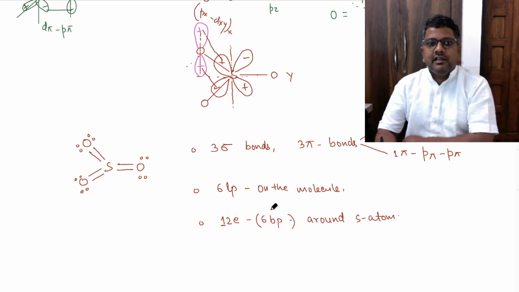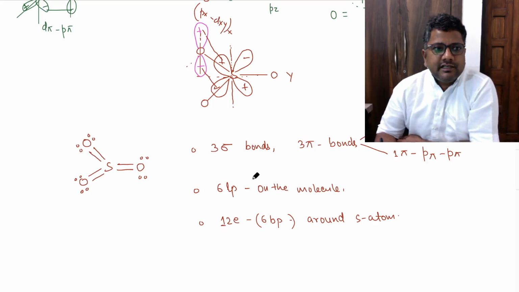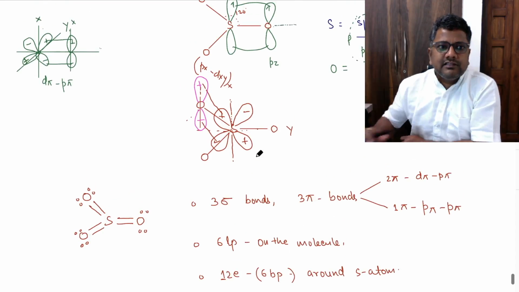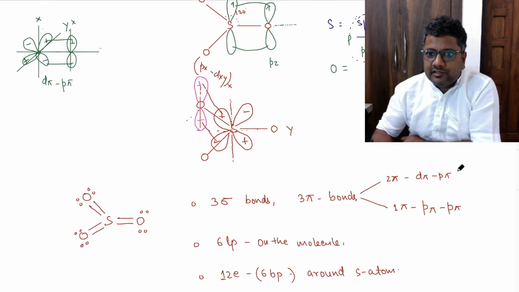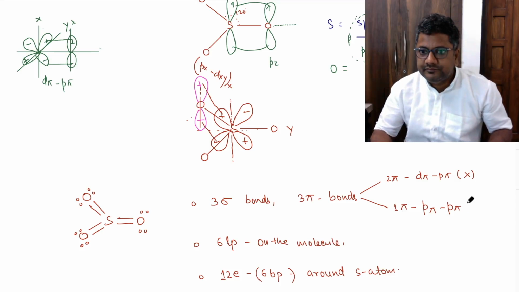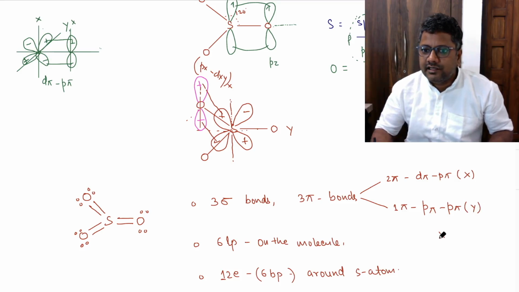So this is an electron rich molecule. See, do all pi bonds have same length? The answer is no. These two pi bonds, suppose this is X and this is Y pi bond. So X is larger than Y. Why?